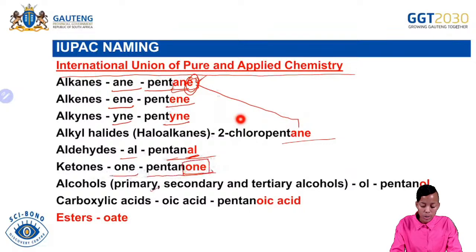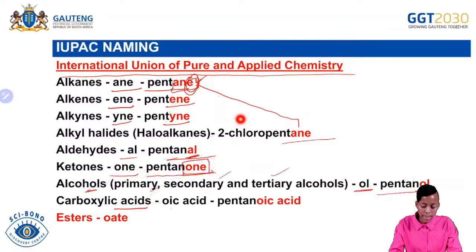Then alcohols, so we just spoke about primary, secondary, and tertiary alcohols. The name ending is ol. Again, if it was an alkane, you would have pentane, but because it's an alcohol, you are going to have pentanol.